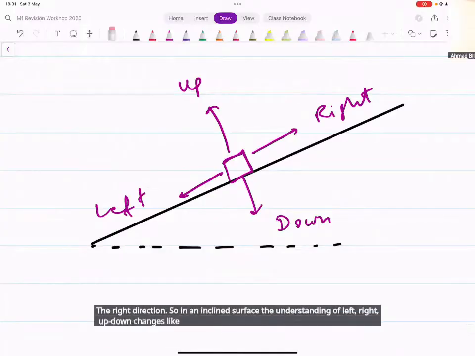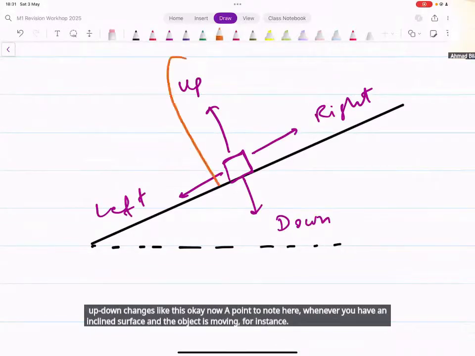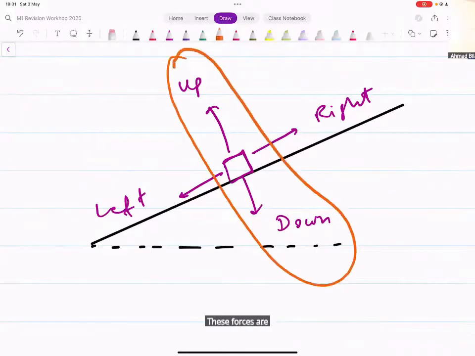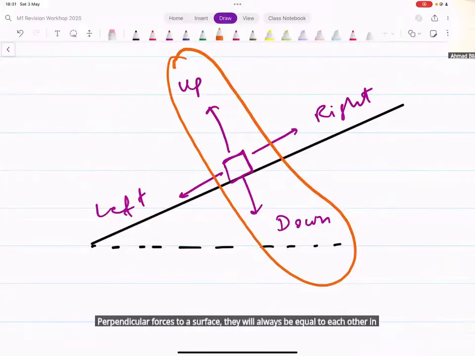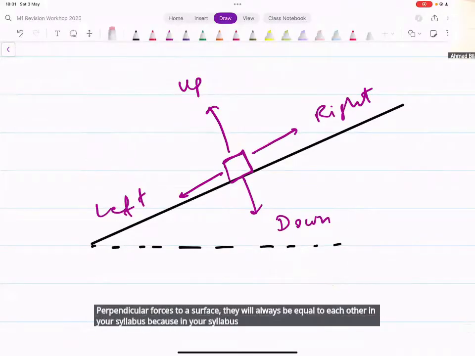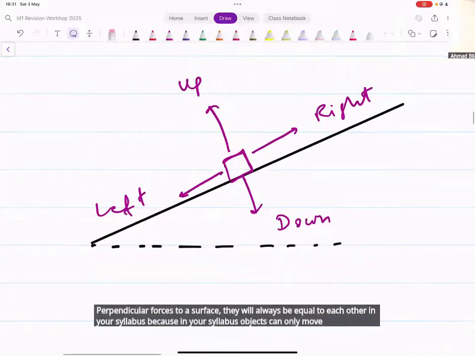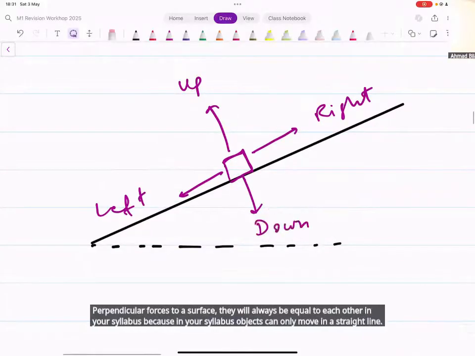Okay. Now, a point to note here: whenever you have an inclined surface and the object is moving, for instance, these forces are always going to be equal to each other. Perpendicular forces to a surface will always be equal to each other in your syllabus, because in your syllabus, objects can only move in a straight line. There can't be any projectile motion like this.